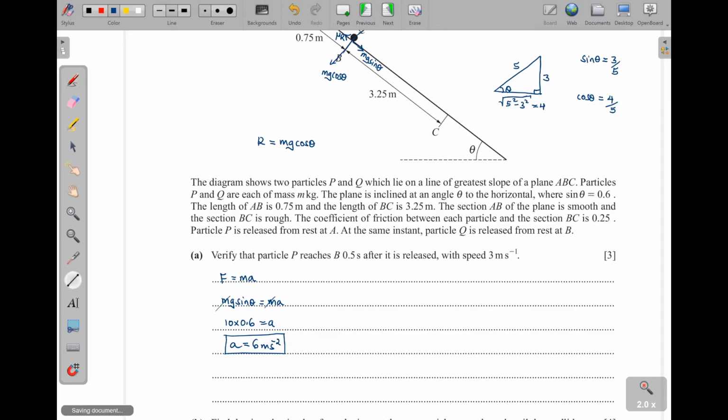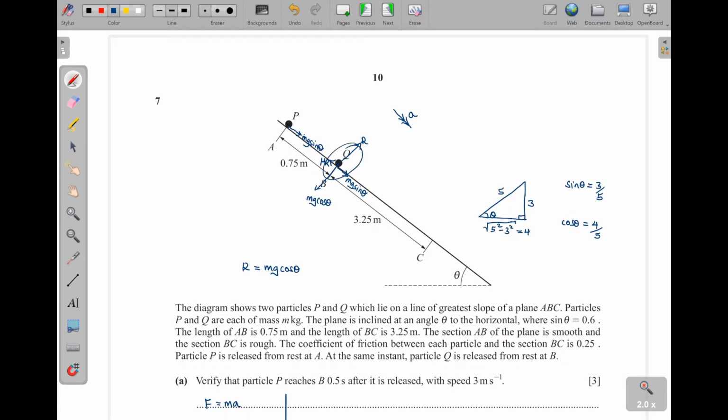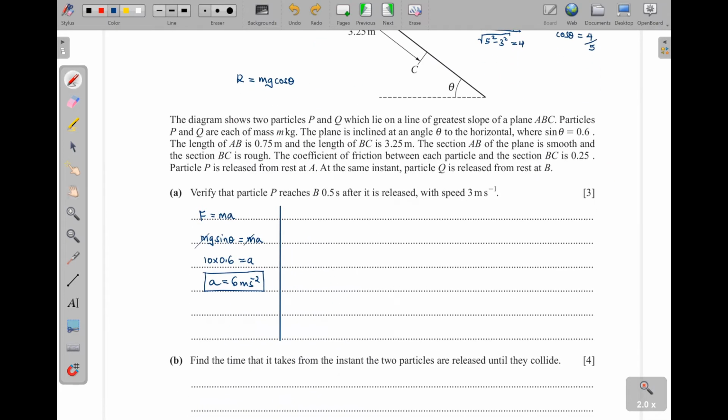After this, if we have gotten the acceleration, then we can know the speed with which it reaches point B. It is released from rest, so the initial speed is 0.